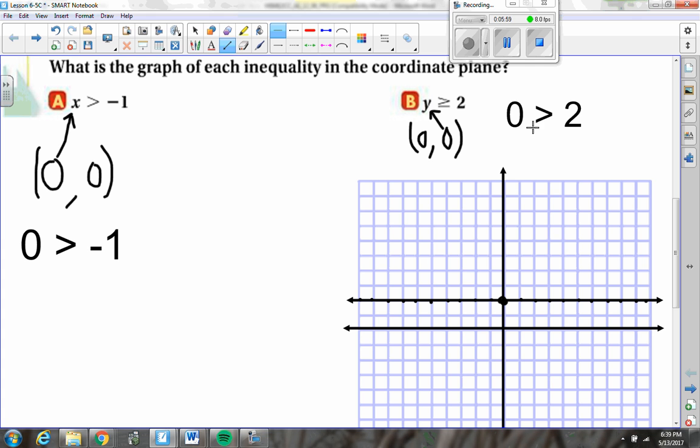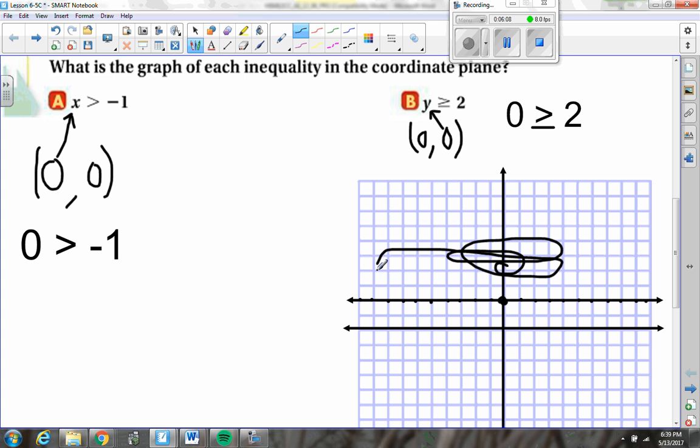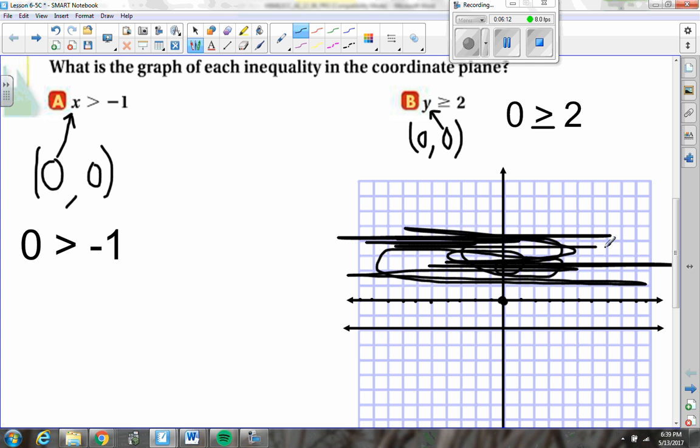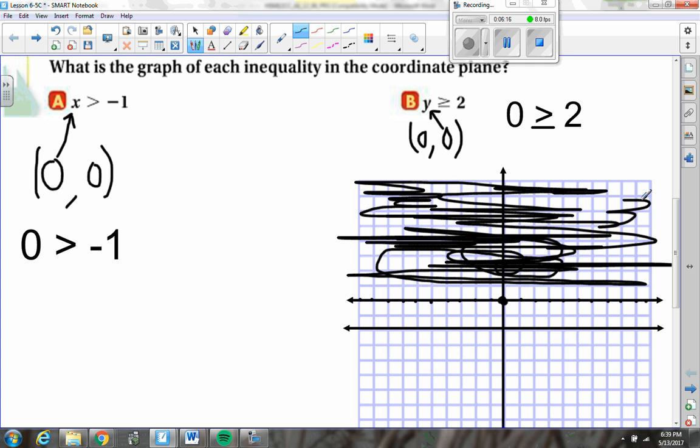The obvious answer here is no, absolutely not. So I'm not going to shade the 0, 0 point. I'm going to go to the other side of the line, and I'm going to shade all of this area up here. This is the area where y is greater than positive 2. Up if we're greater, and we'd go down below the line if we wanted less.